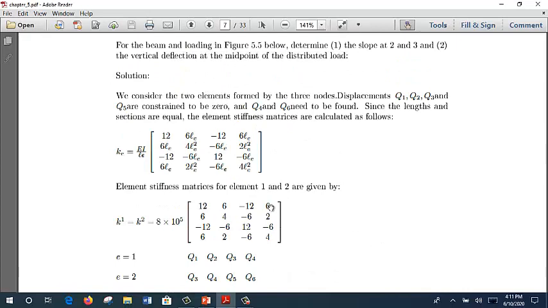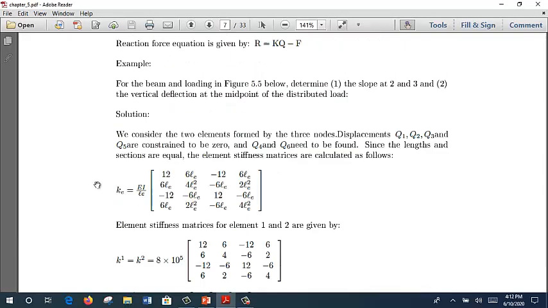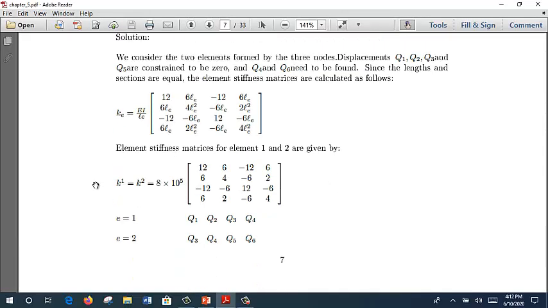Since the length and the section are equal, we can use the matrix formula for the stiffness matrix that I mentioned to you. How do we know the length and section are equal? From the question. This is element 1 and element 2, which have a similar length, so it makes our solution easier.